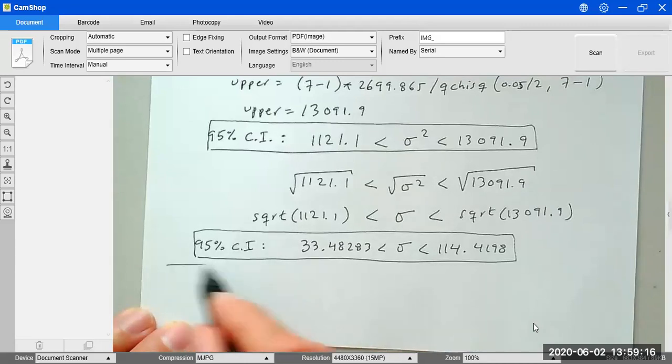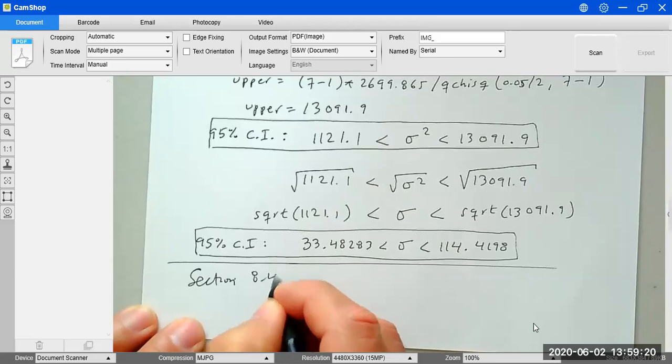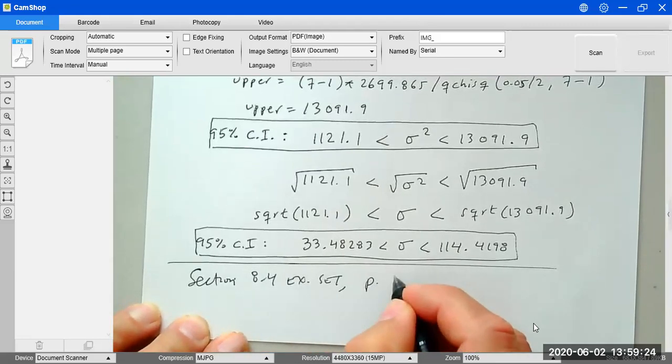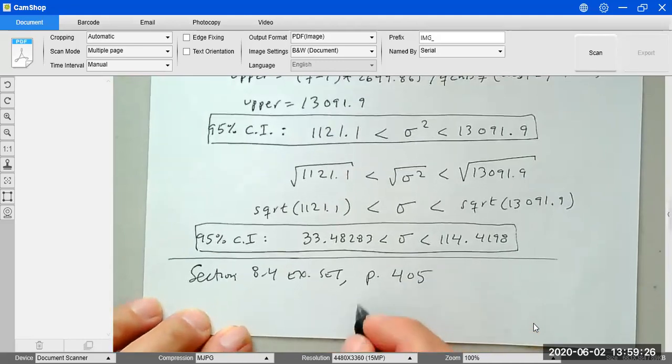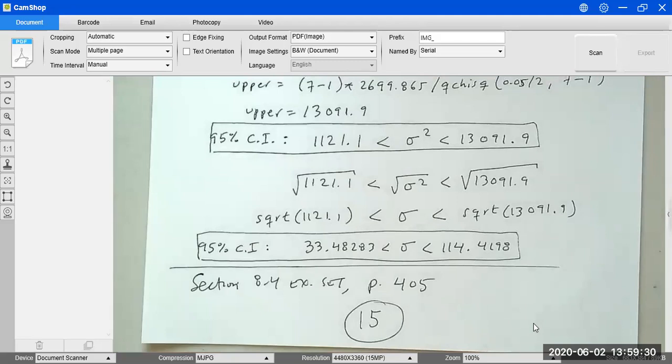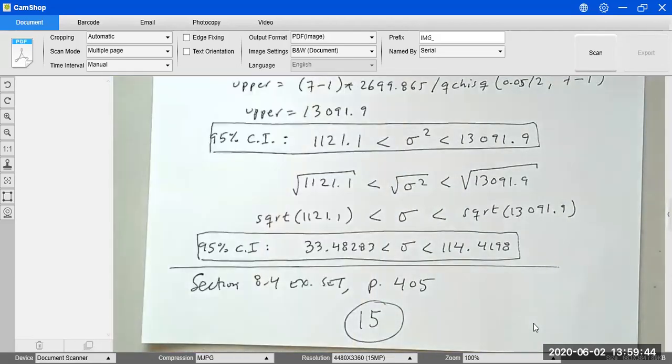So to finish this, you're going to work on section 8.4, exercise set, on page 405. I'm just going to give you one problem. We're on problem 15, and that is going to be all for this section and also for this chapter. So let's see.